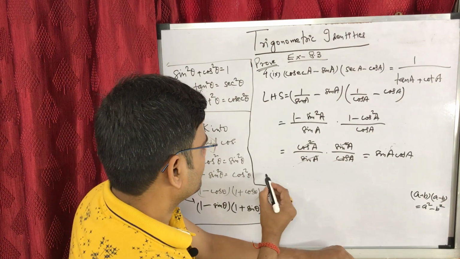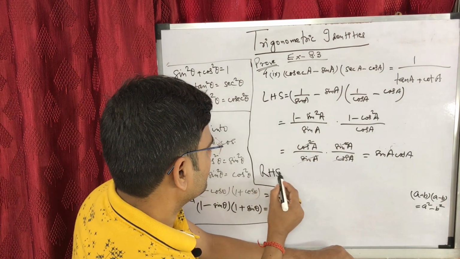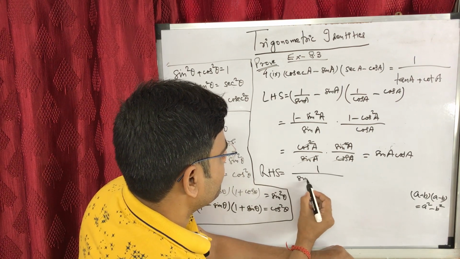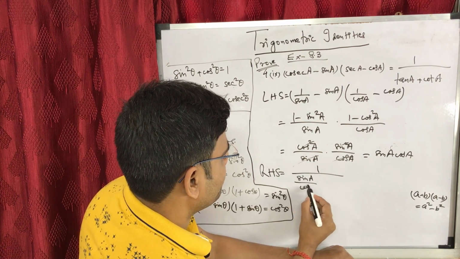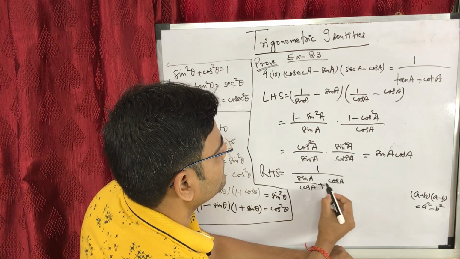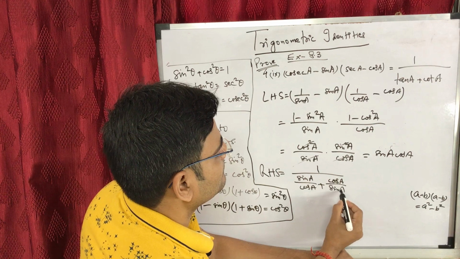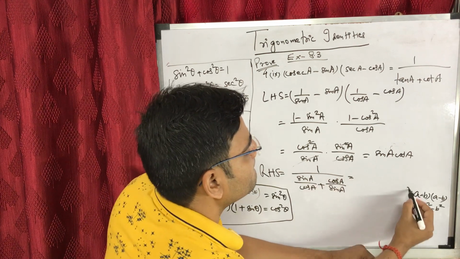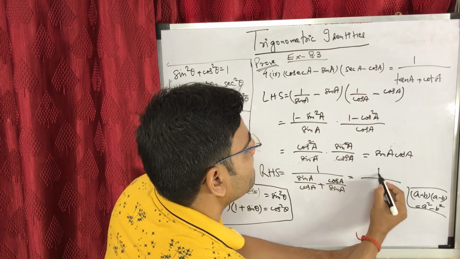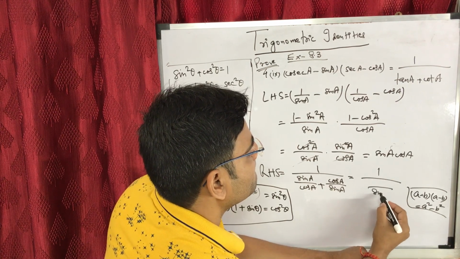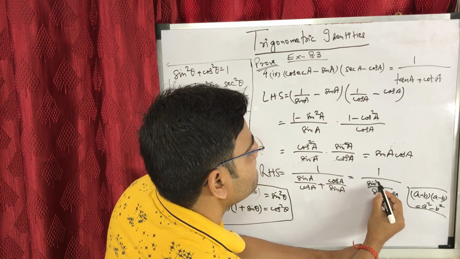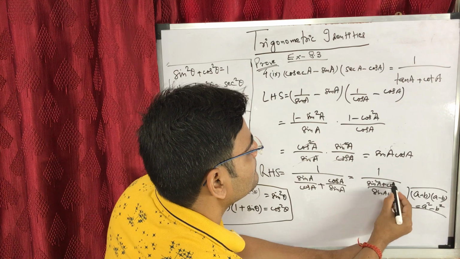So going by the hint, RHS is break into sin and cos: tan a is sin a by cos a, and cot a is cos a by sin a. I think I have clarified previously on all this. So take LCM, sin a cos a. This becomes sin square a, this becomes cos square a.